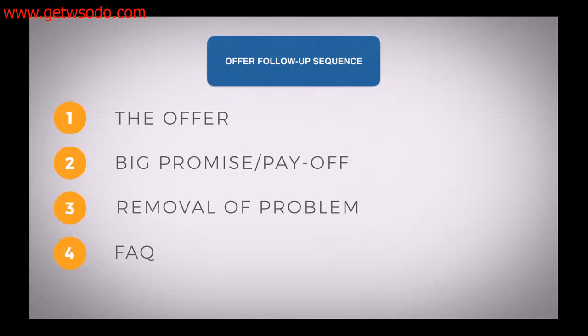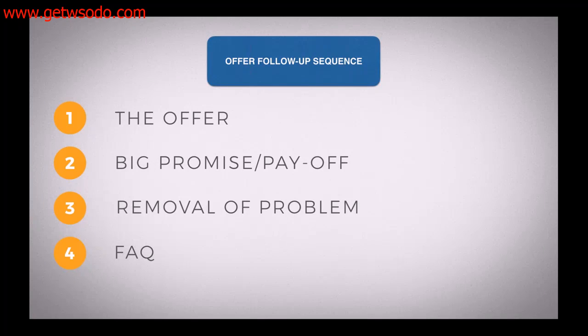In the FAQ email, we try to choose 3 questions that are really presuppositions. What I mean by that is that we're addressing questions that allow us to focus on a benefit and payoff.